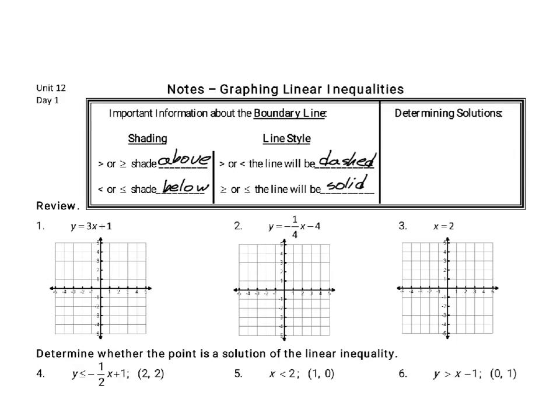Okay, the last piece of crucial information we have, determining solutions. There are actually three ways for something to be a solution. Number one is that the point is in the shaded area. Or on the solid line, which is pretty important right there, the solid line.